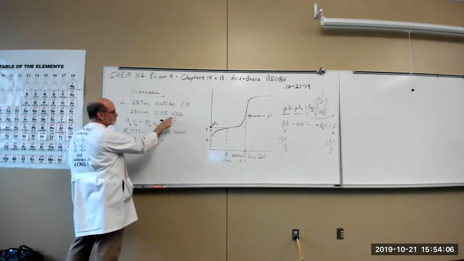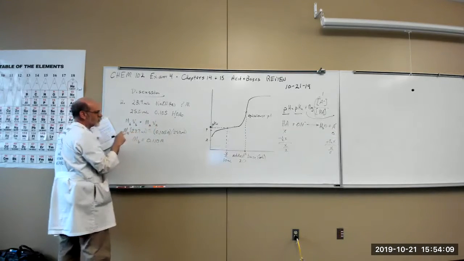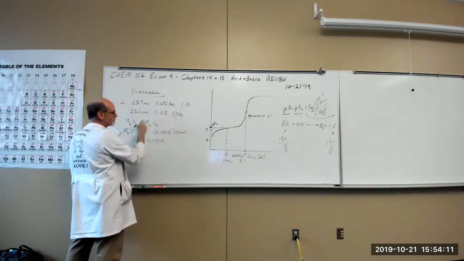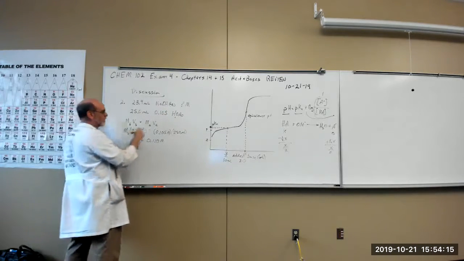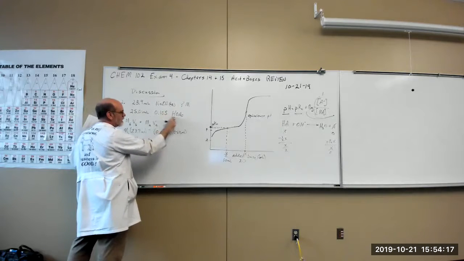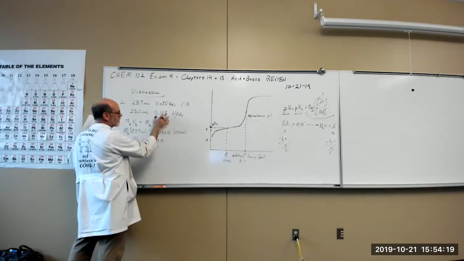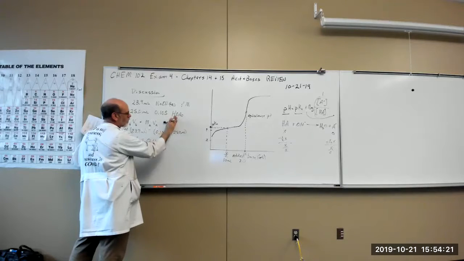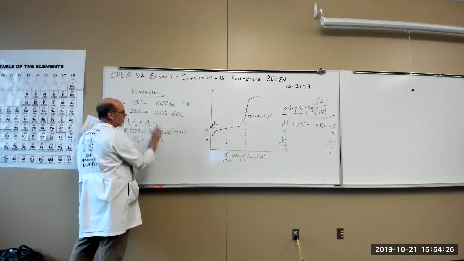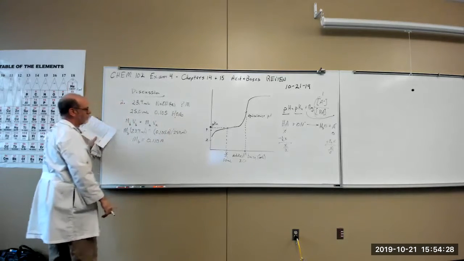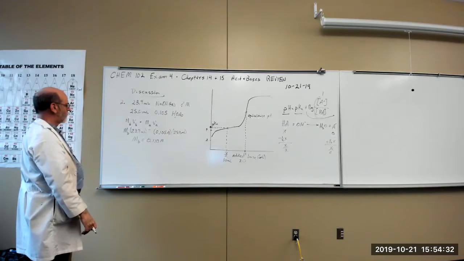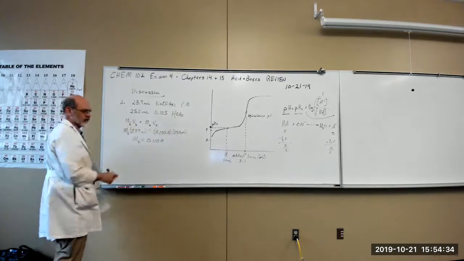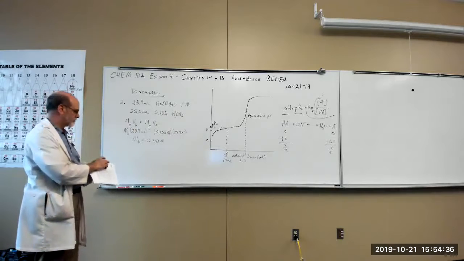But here, the normality of this acid would be twice, right? Because the molarity of the acid produces, in the first case, one proton, but in the second case, two protons. So the normality would be twice that. And then you could plug it into your expression.